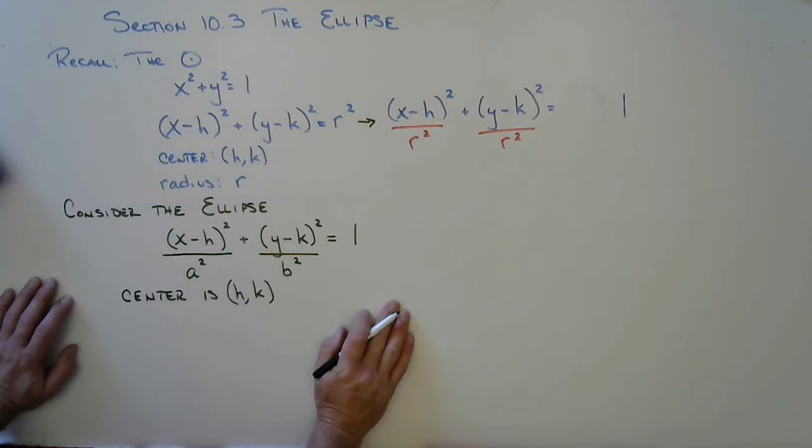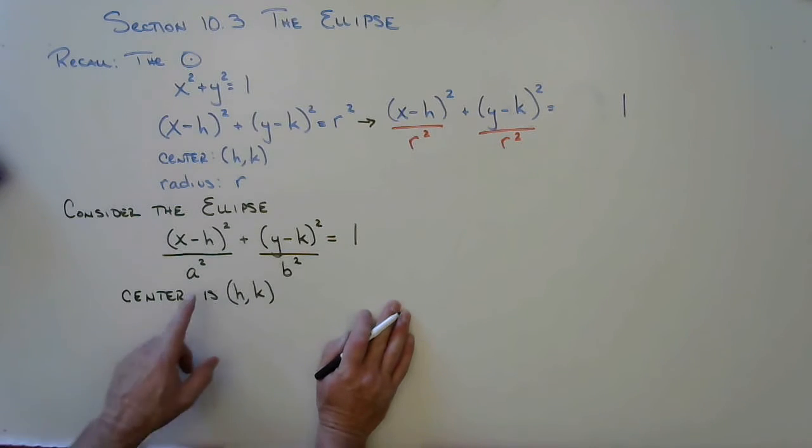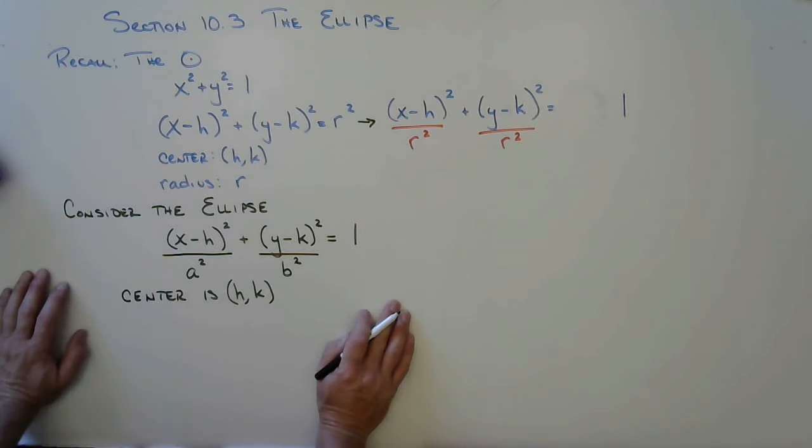Now, what do we need to know about the a and the b? If you remember from Algebra 2, they're important to us. They have something to do with the major axis. So what do we say?